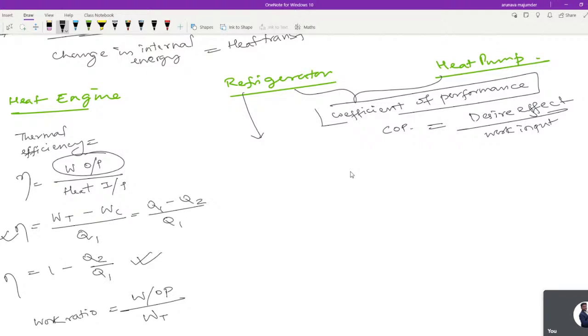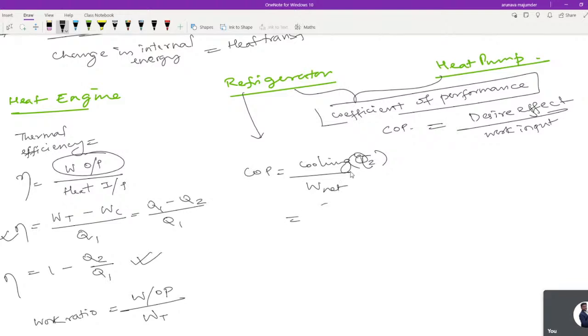So what is the desired effect in the refrigerator? Cooling is the desired effect. So where we have the cooling, we are going to add that. We take q2 as the cooling one, and the work input is the W net.